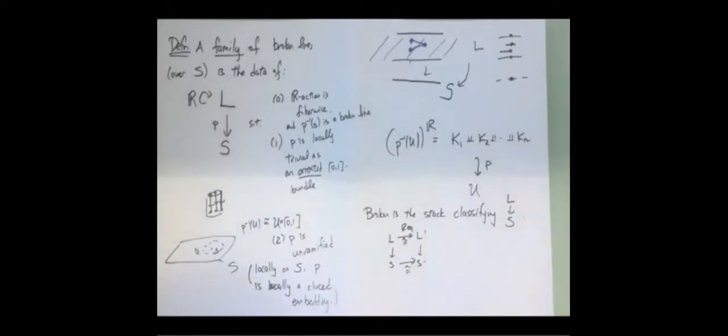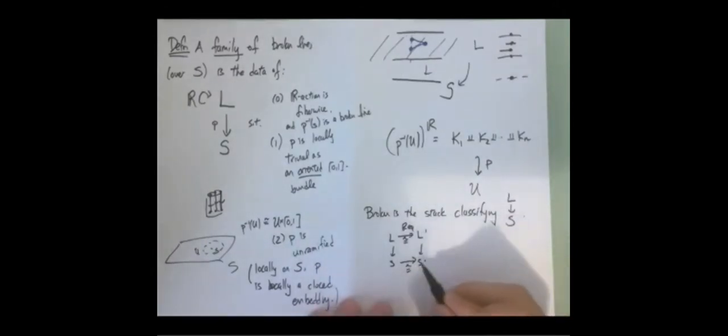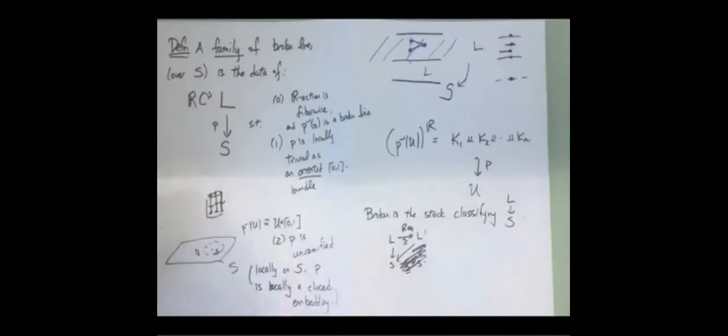So this, for example, would be a diagram in the groupoid of families of broken lines. Maybe it'd be less confusing if I just had a single S, like so. So that's what an isomorphism of broken lines is.